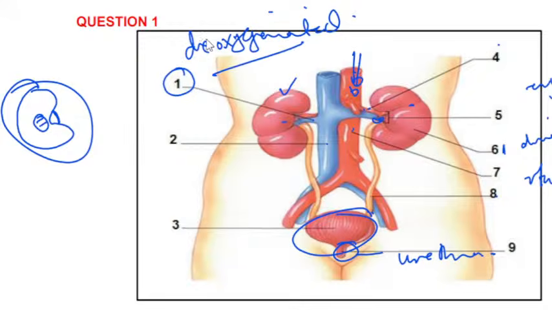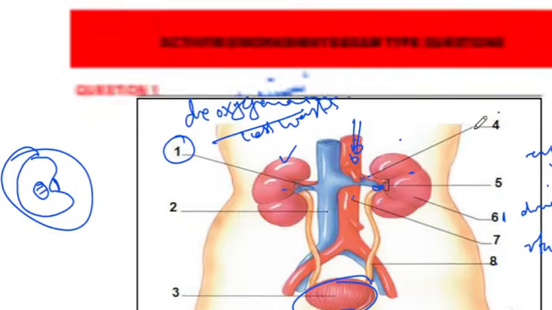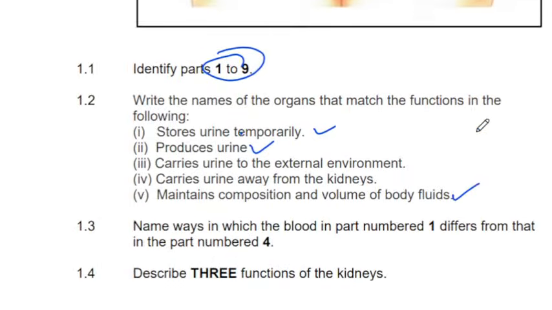Yes, this one, filtered blood, has less wastes. But this one, number 4, is going to carry blood which is oxygenated but with much wastes, so that those wastes can be purified. So basically, that is it.